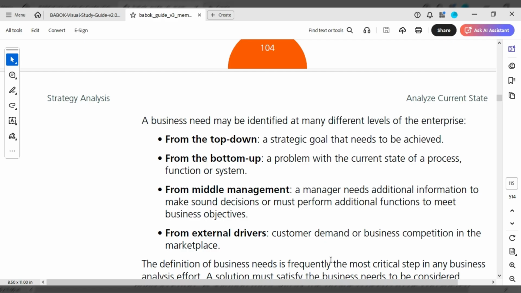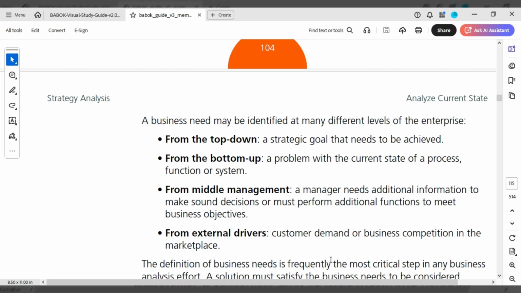From middle management, a manager needs additional information to make sound decisions or must perform additional functions to meet business objectives. So it could be the manager needs something and they take it up. From external drivers, from your external stakeholders, let's say, for example, you own a telecommunications business, and you have external stakeholders that plug into you to sell modems to people as well.